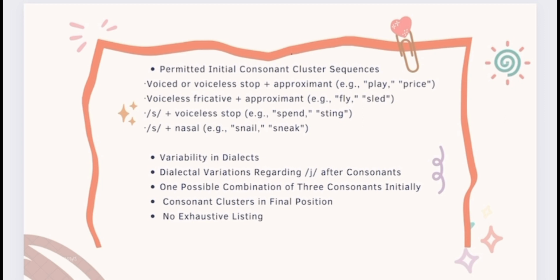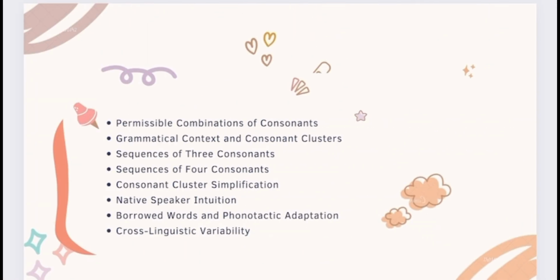There are numerous possible combinations of final consonant clusters, and this doesn't provide a full list due to space limitations. Permissible combinations of consonants. Not all possible combinations of consonants occur in English. Some examples.